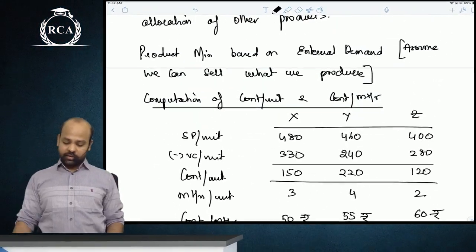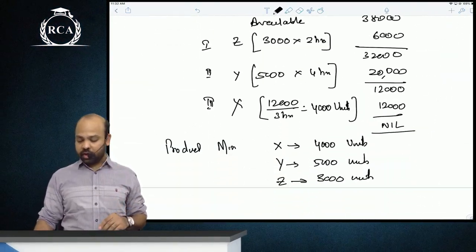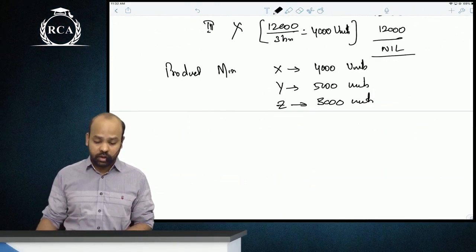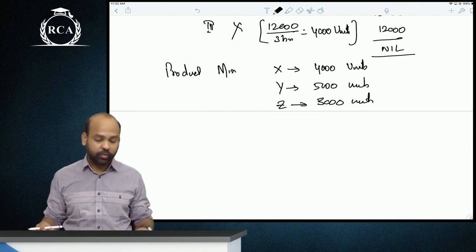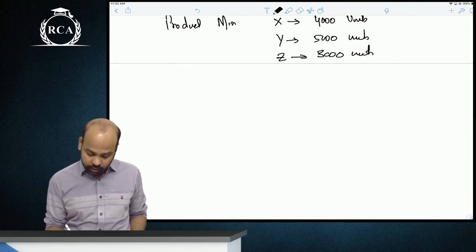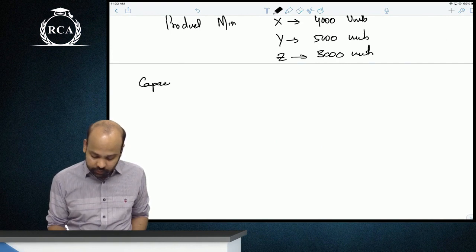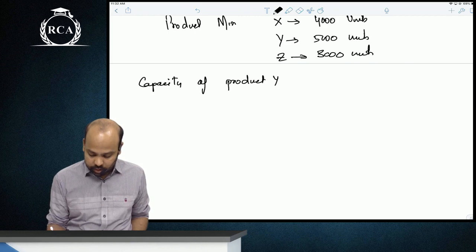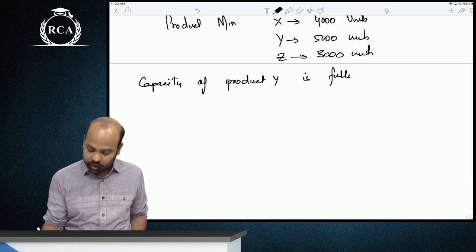Now, guys, please understand better that there is a capacity constraint as far as product Y is concerned. Right now the capacity of product Y is being fully utilized. Please understand, listen, guys.